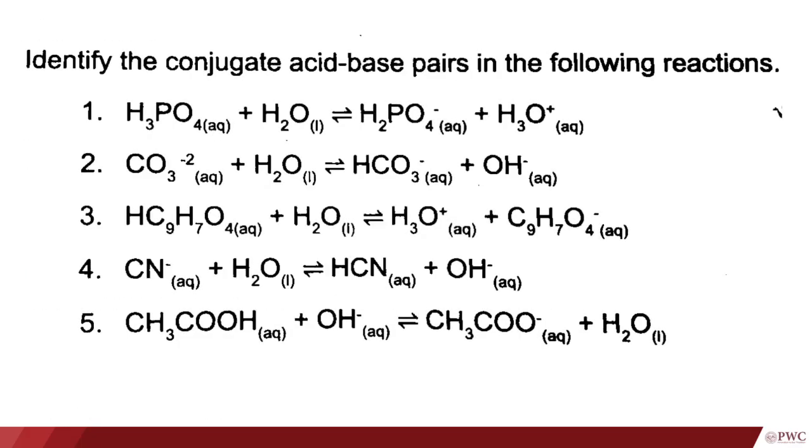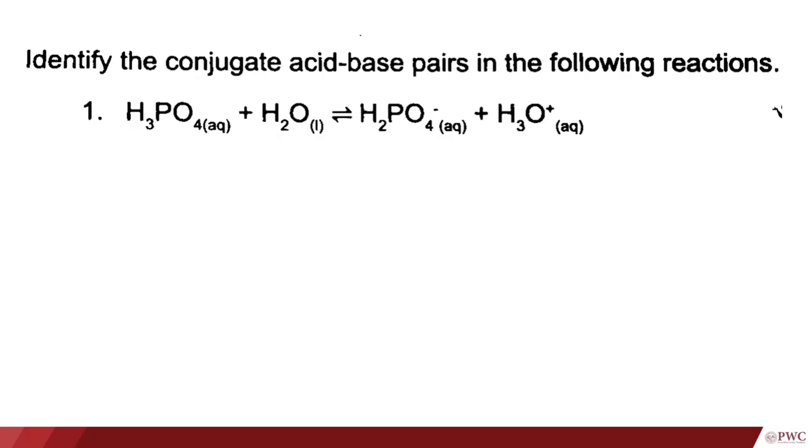Okay, so let's answer the activity from the book that I gave last time. Let's identify the conjugate acid-base pairs in the following reactions. We have H3PO4 plus H2O forming H2PO4 minus plus H3O plus. Let's observe the H3PO4. From H3PO4 becoming H2PO4, from three hydrogens to two.